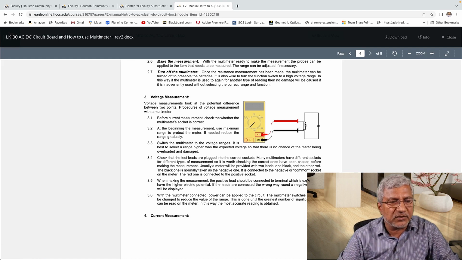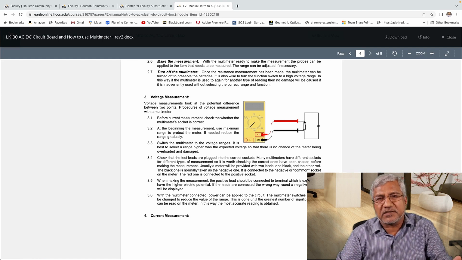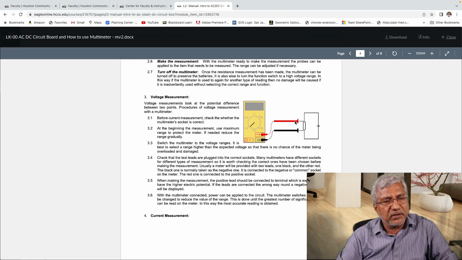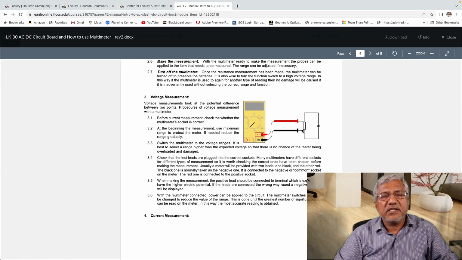So if you're trying to measure the voltage across a resistance, you put the positive terminal, the red, on the higher voltage side, on the side of the positive of the battery, while you put the negative, the black, on the lower voltage side. Otherwise, you're going to get a negative reading. Okay, so keep that in mind.